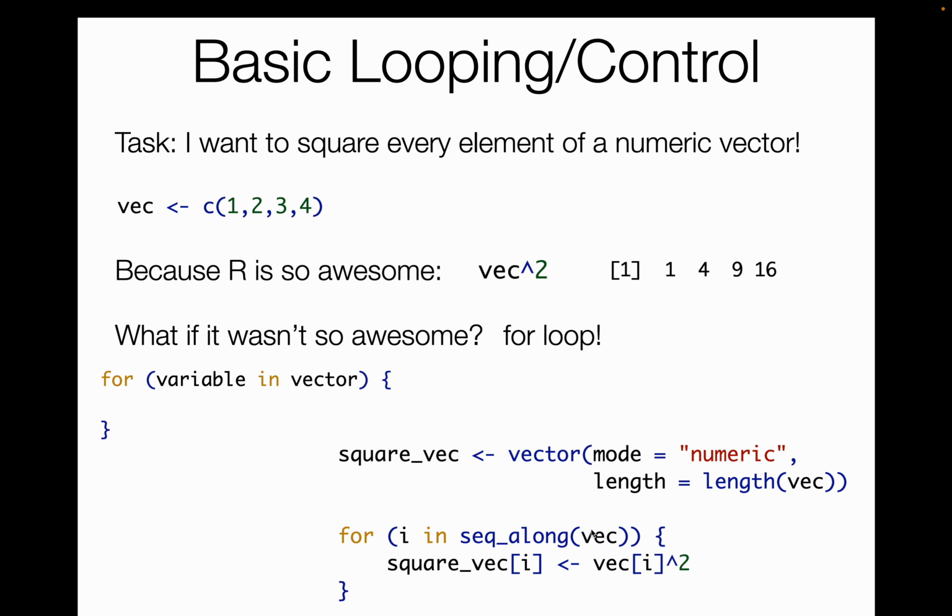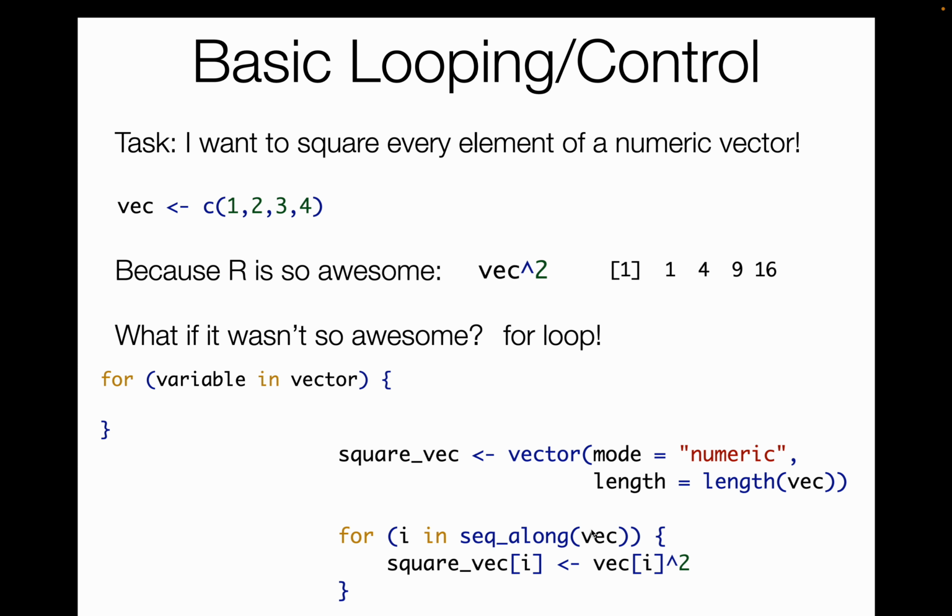It would be fine for me to just put vec there, but if I had a vector that didn't have 1, 2, 3, 4, and I wanted to sequence along 1, 2, 3, 4, the seq_along function takes in any vector and will create its own vector of 1 to the length of that vector.